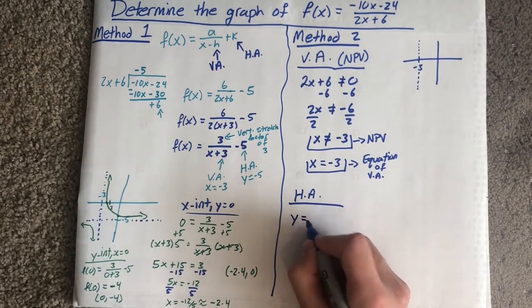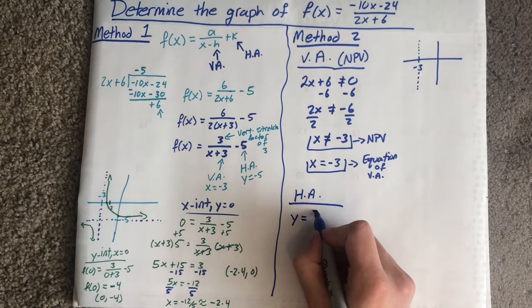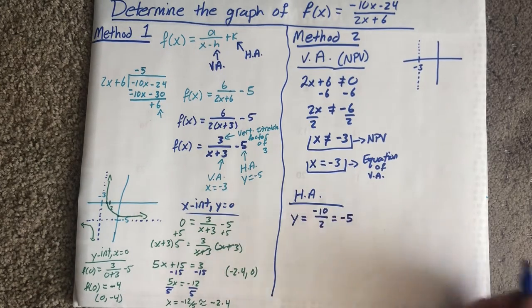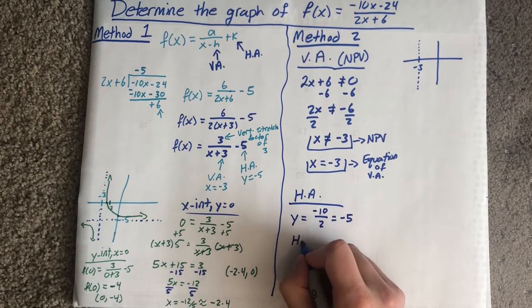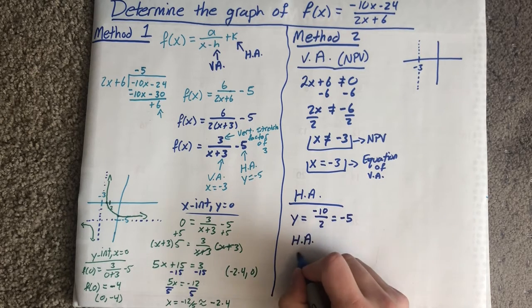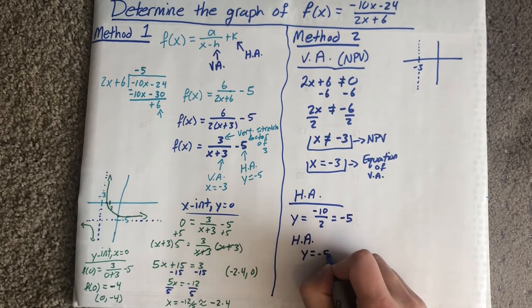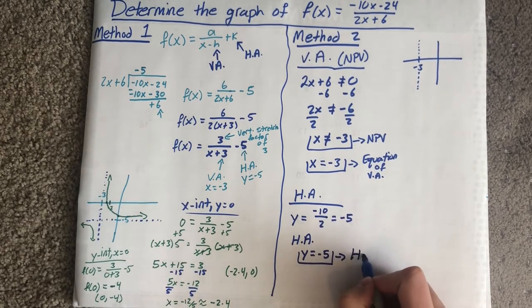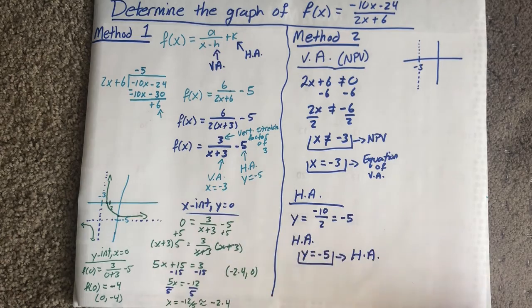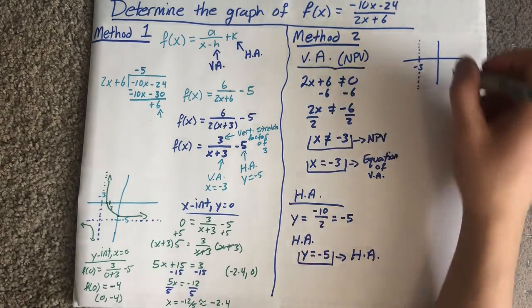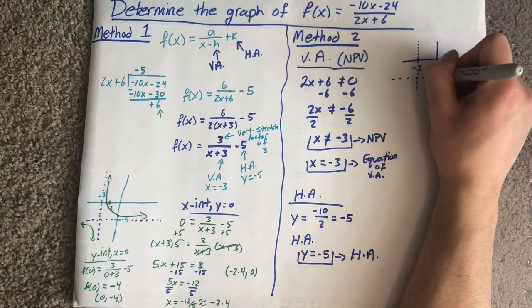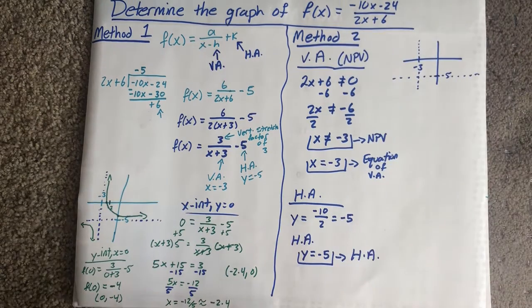So y equals negative 10 over 2, which equals negative 5. So your horizontal asymptote is found at y equaling negative 5. And this is your horizontal asymptote. Kind of redundant, but that's okay. So negative 5 here. And there's your horizontal asymptote.